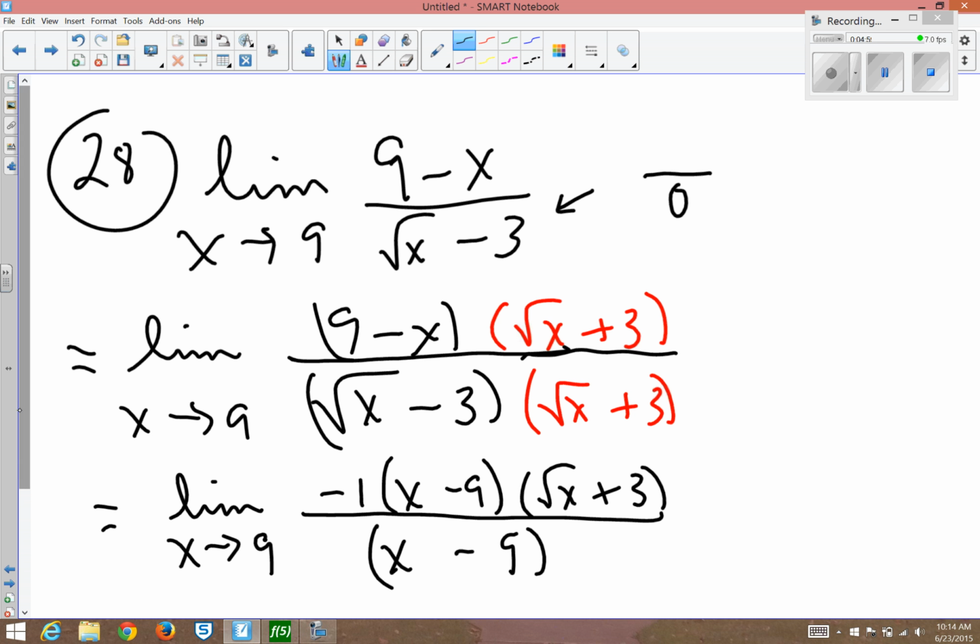That's all, because these are gone. And now we can find this limit by replacing x with 9. The limit is -1 times radical 9 plus 3. So -6 is the final answer.